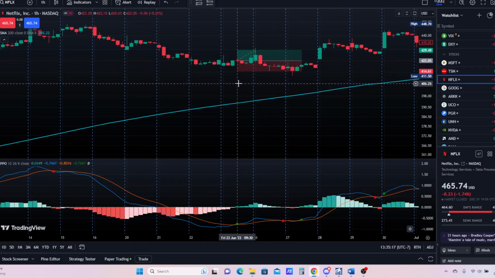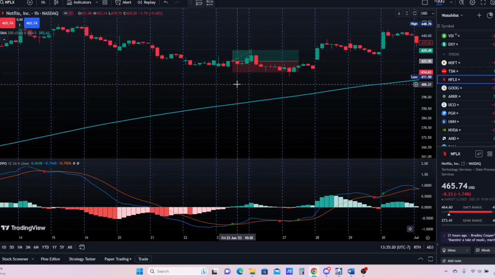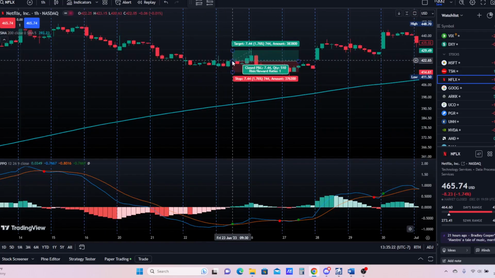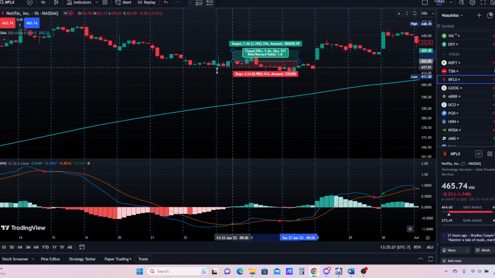But anyway, the way that this particular strategy works is when you put the trade on, your stop loss is going to be below the previous swing low, which would be at the bottom of this green candle here.